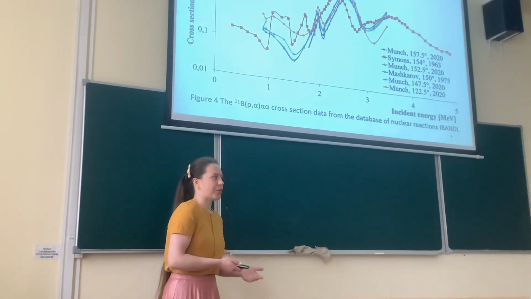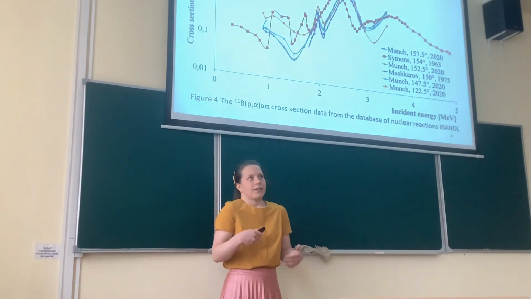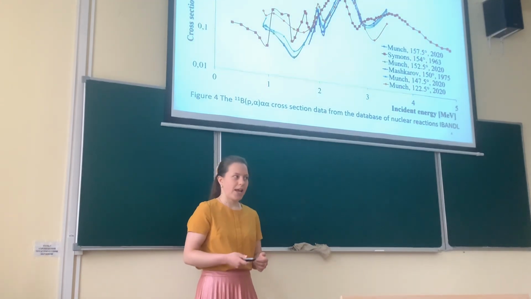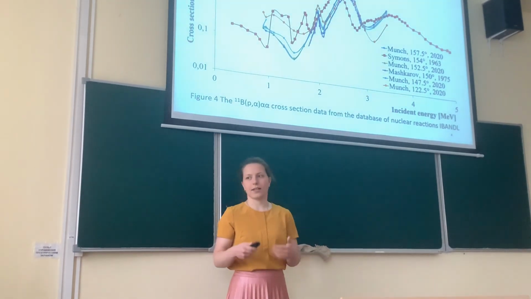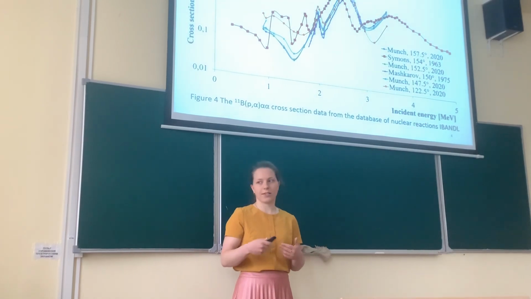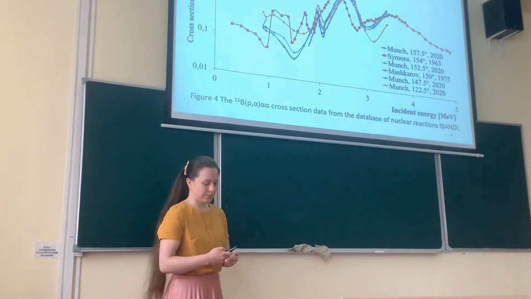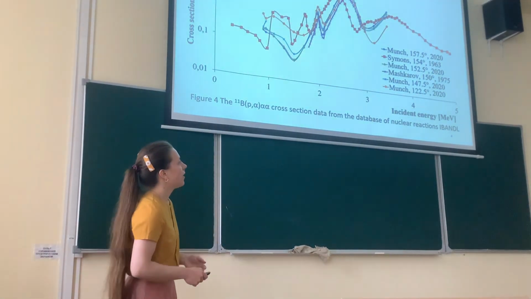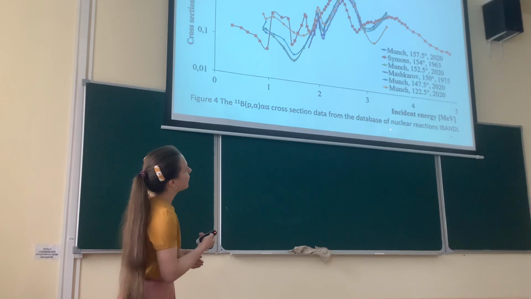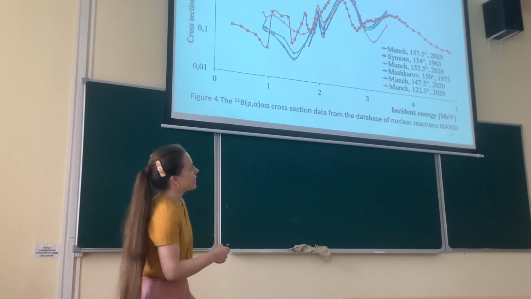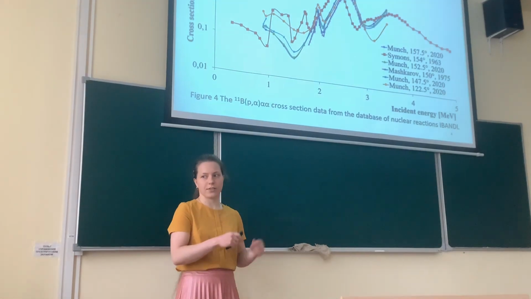And what is the problem with the reaction? The scientists have been studying the reaction for almost 90 years, and the accumulated data are discrepant. On the screen you can see data from the nuclear reactions database, and the cross sections.